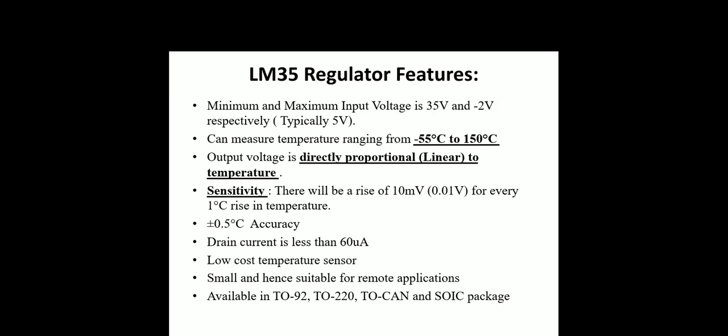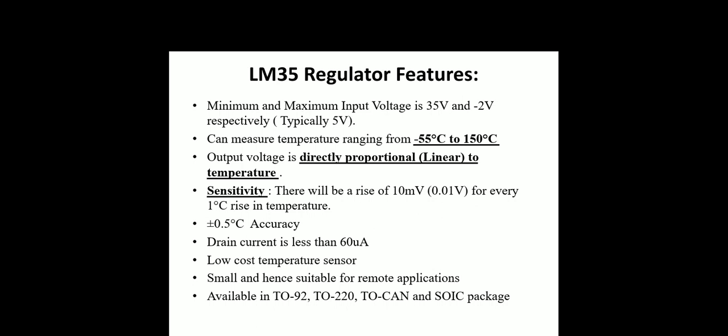Now, what are the features of LM35? Its supply voltage ranges from 35 volt to minus 2 volt, but typically we use 5 volt only. Its temperature range is minus 55 degrees Celsius to plus 150 degrees Celsius. That is, it can sense temperature in this range only, and it can be damaged if the temperature goes beyond this limit.